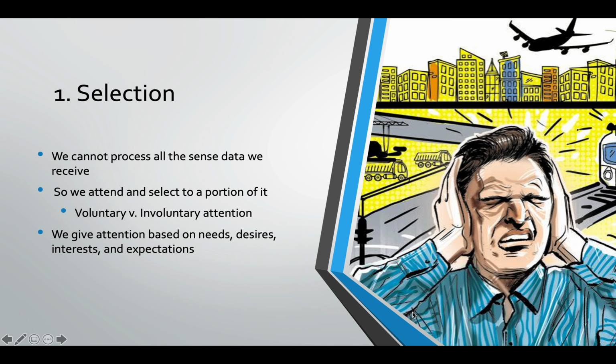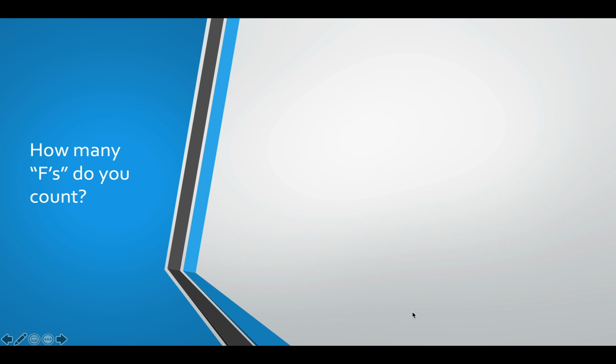Also, generally speaking, we are trying to select and attend to information that will reduce our feelings of uncertainty. We want to understand what's going on, so we seek out information that will help us reduce our uncertainty. So I want to illustrate the selection process in a fun little activity here.